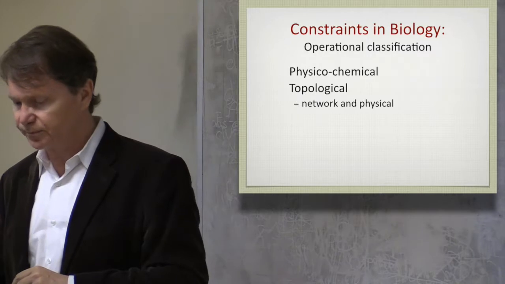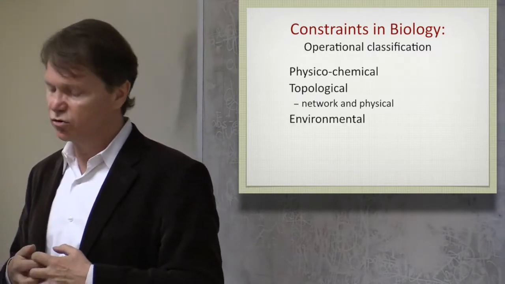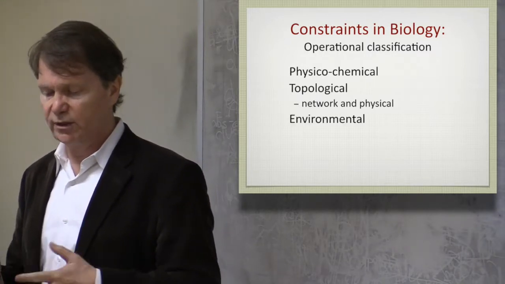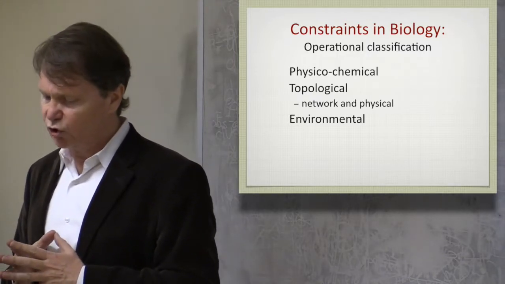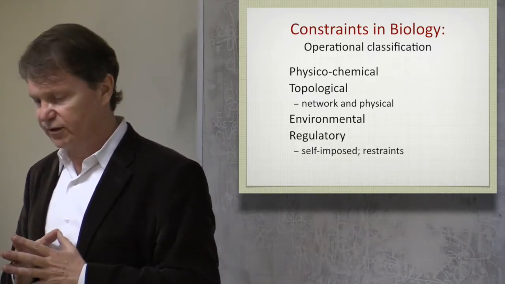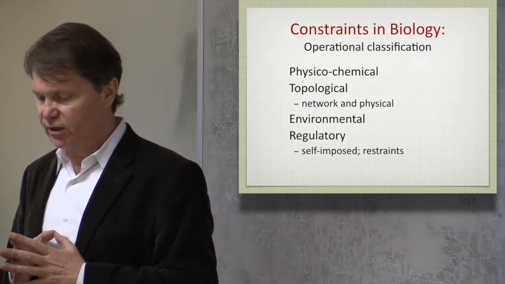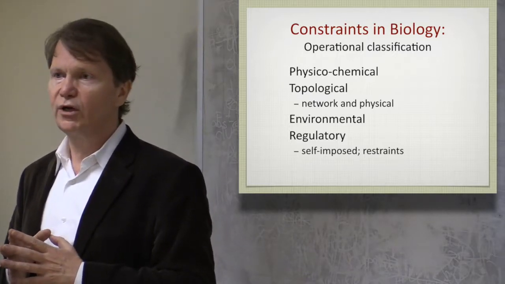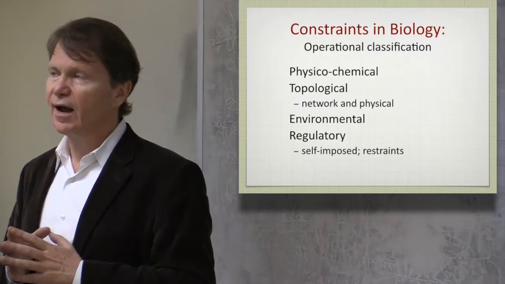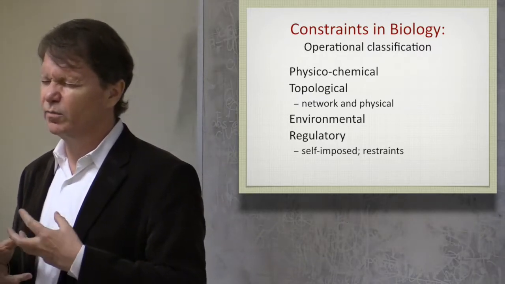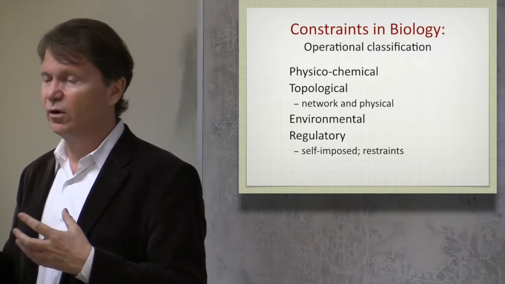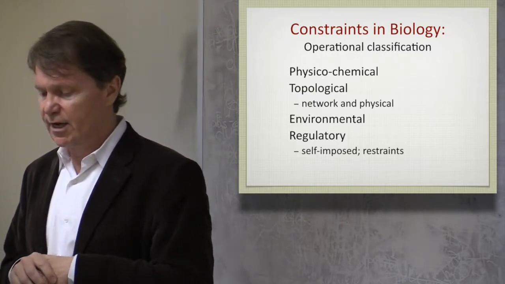in the coming years. Of course, the environmental constraints, those are relatively easy to measure and define. And then there is the notion of regulatory constraints. And these are fascinating because these are self-imposed. This is almost like an internal selection process inside the cell to pick the best set of molecules to be expressed in a given condition.